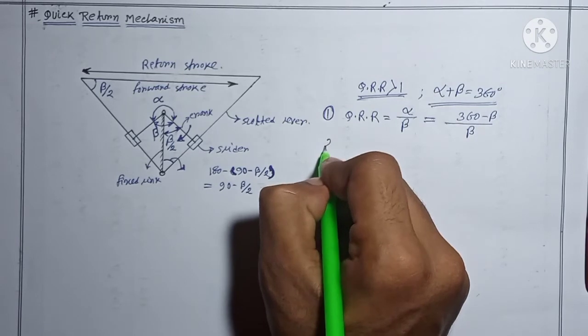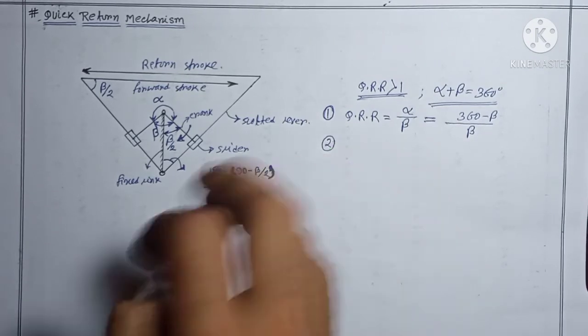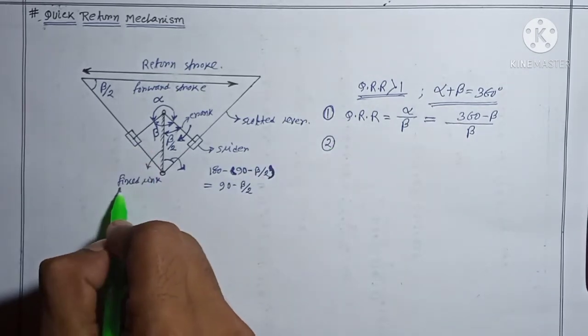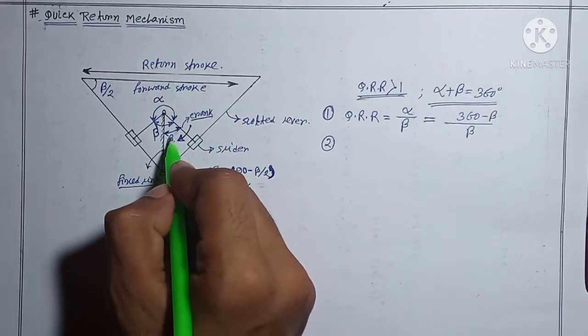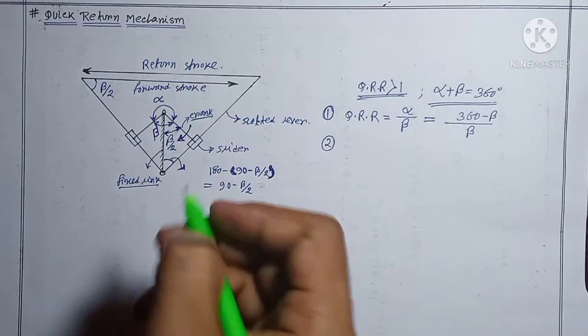Now next, they can provide you the length of the fixed link and the crank. From here, how can you find the angle beta?